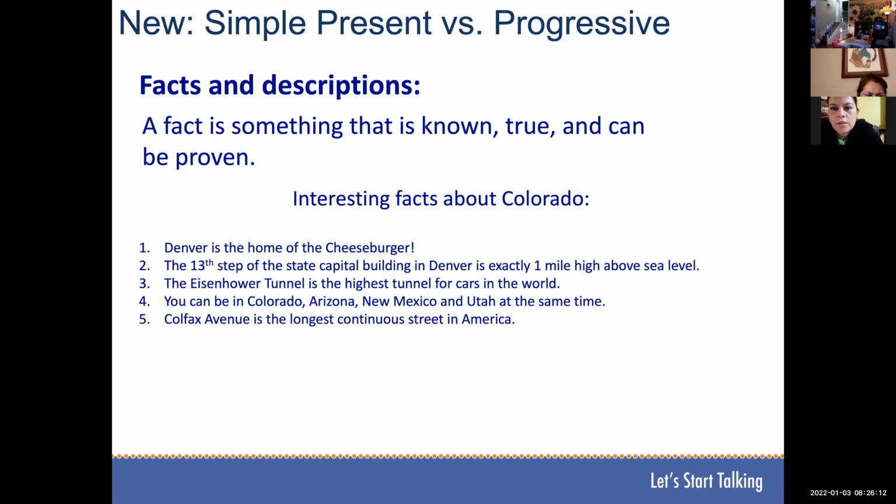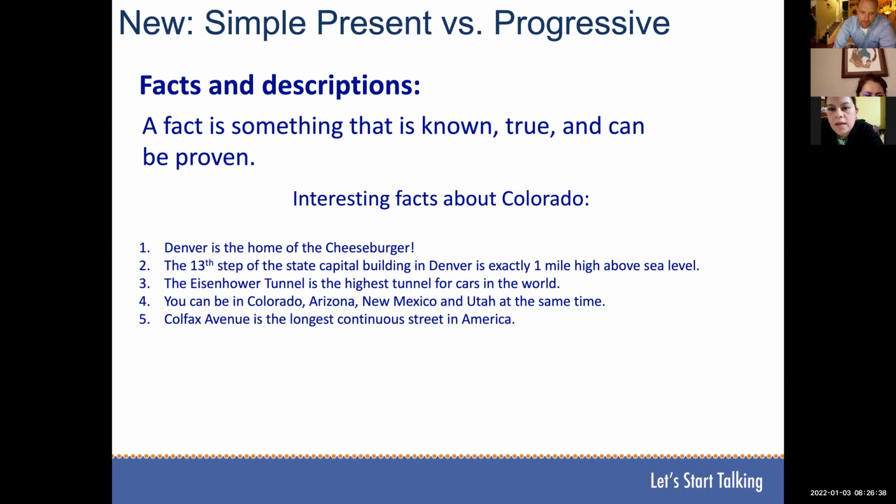The 30th step of the state capitol building in Denver is exactly 1 mile high above sea level. The Eisenhower tunnel. Eisenhower. Eso fue el nombre de un presidente aquí.